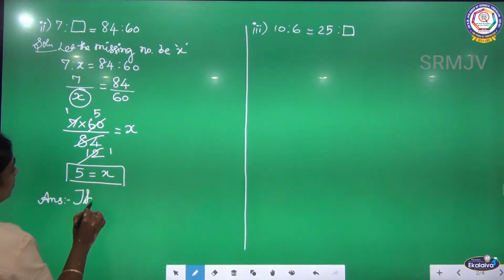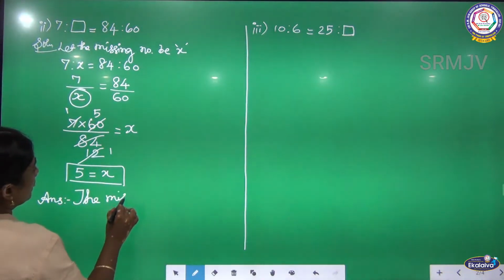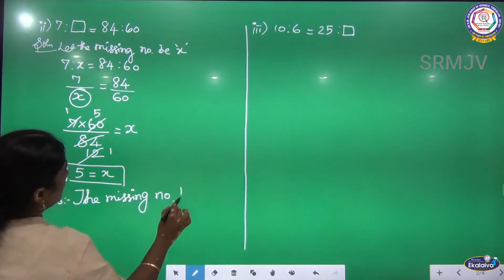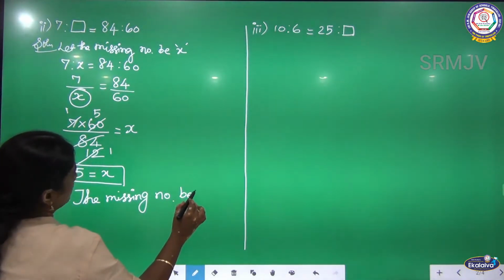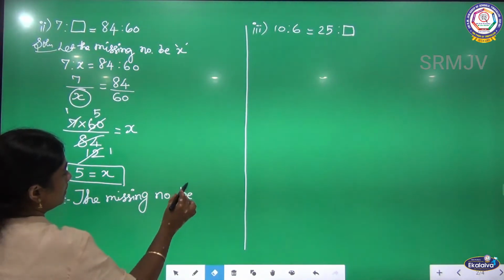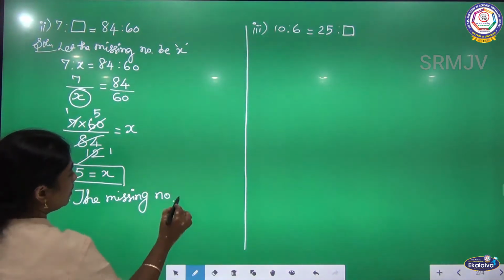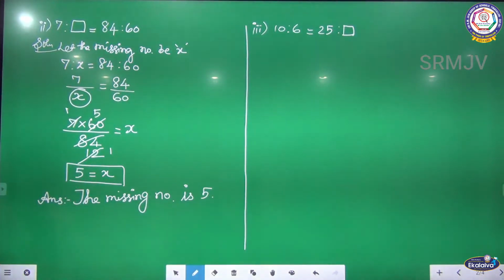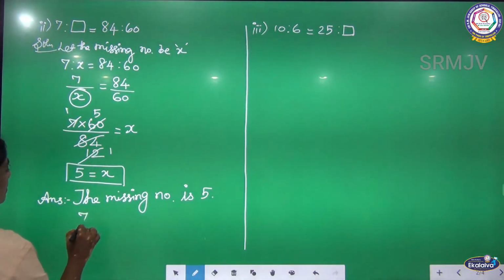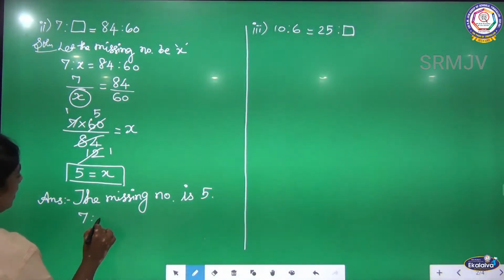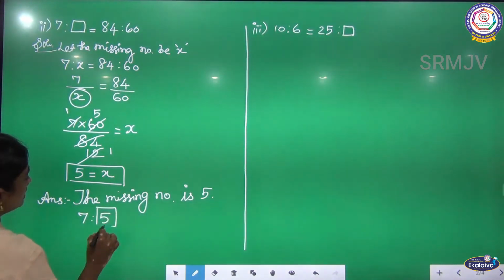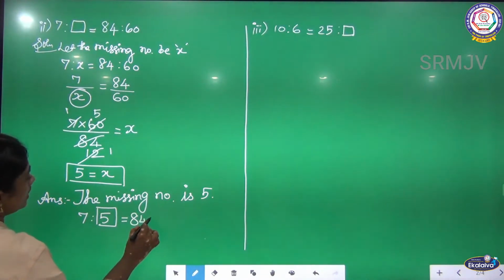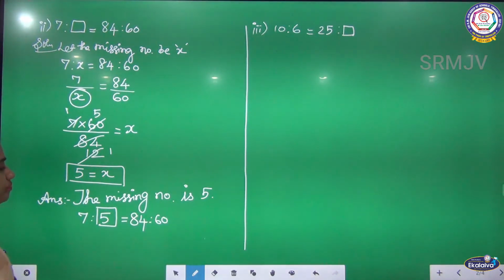Now I am going to write the answer. The missing number is 5. Clear, children? So what is that? 7 is to 5 is equal to 84 is to 60.